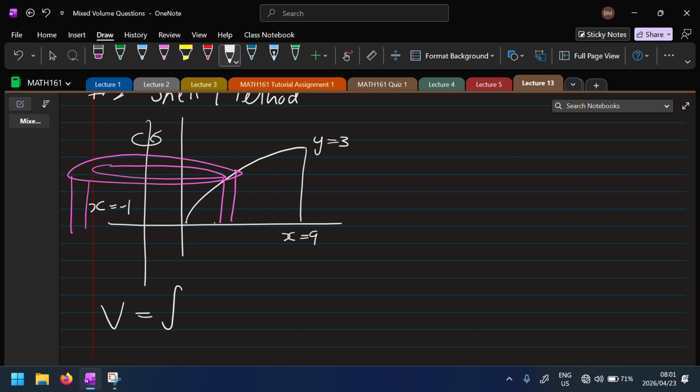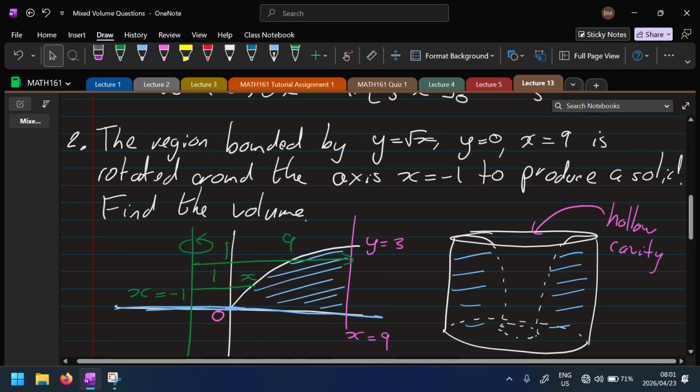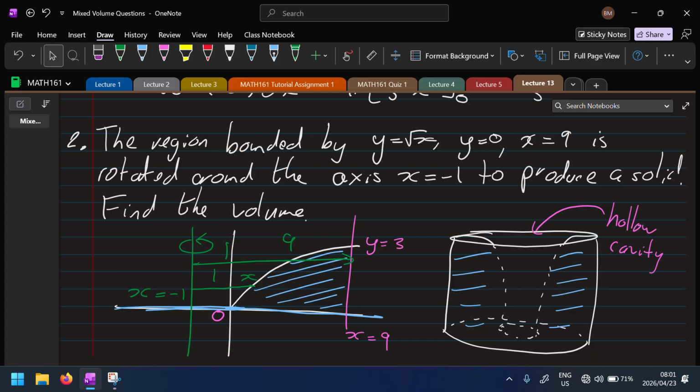The x value starts at 0, but what's the radius of that shell going to be? Remember, it shifted over here. We start at 0, right? But it shifted, so we need to add this 1. Does everyone see that? Okay. So yeah, we start at 0, but this radius will be shifted there.